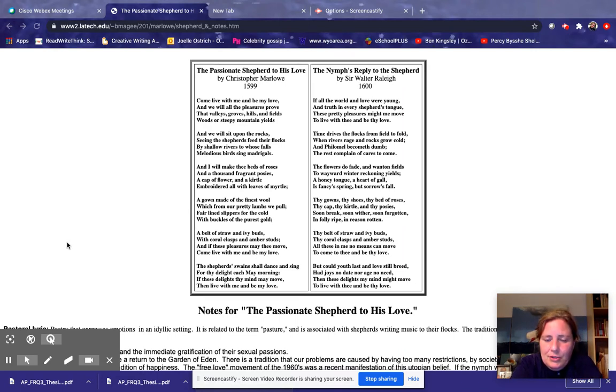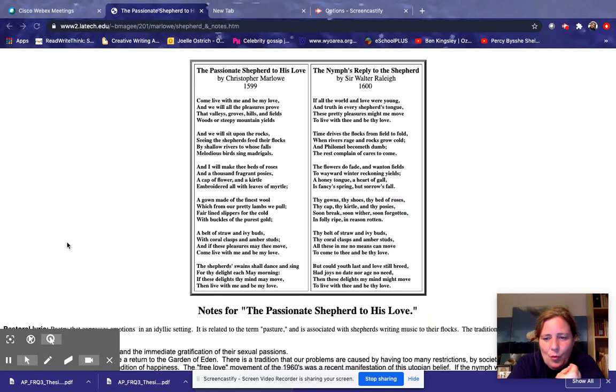And as you can see, six stanzas, even before I read it. Its rhyme scheme is AABB, CCDD, eight syllables, every line. So Raleigh is obviously writing something satirical or something to poke fun at Marlowe. So let me read the poem and let's see what it says.